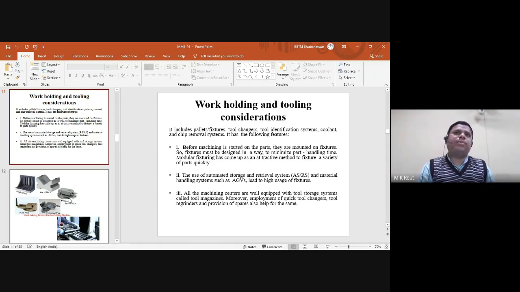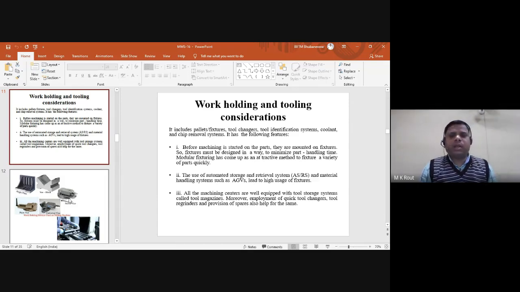Because you perform a variety of machining operations on that particular machine. Due to machining operations, a higher amount of heat is produced, and during the machining process this higher amount of heat directly leads to damage of the sharpness of the tool.